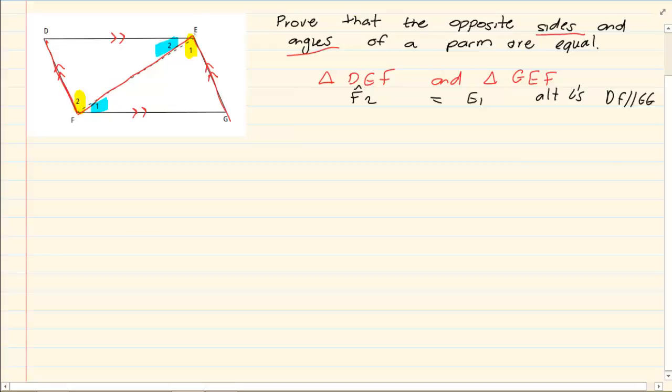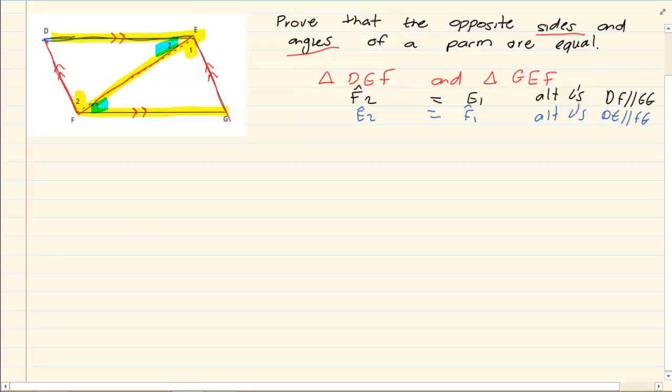Because if I take my parallel line, let's do it this way. Can you see the Z? So I have that E2 is equal to F1. Again, alternate angles, but a slightly different parallel line. It is DE is parallel to FG.